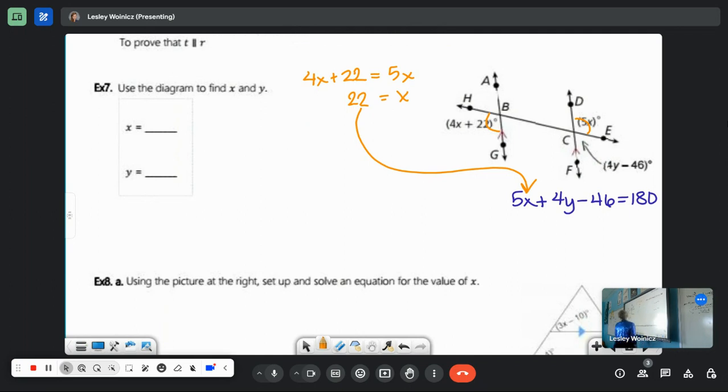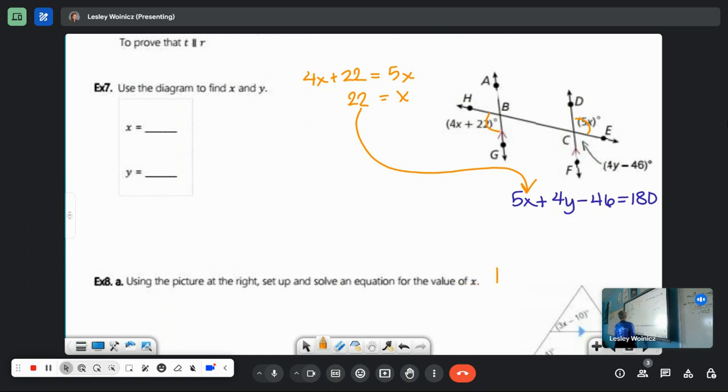What is that, 110? So 110 minus 46. I'm getting 64. Is that right? Okay, so I'm subtracting 64 from both sides.